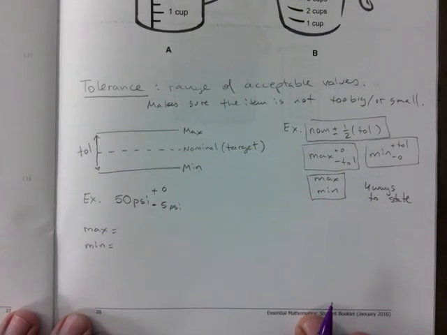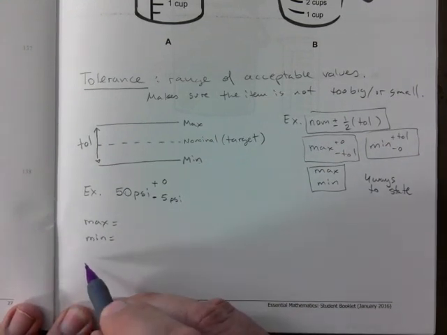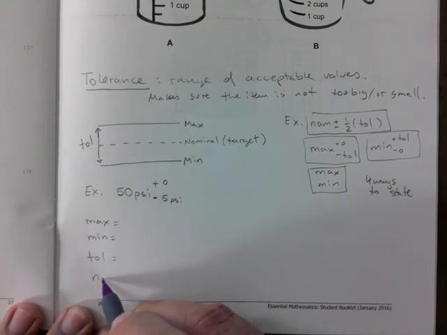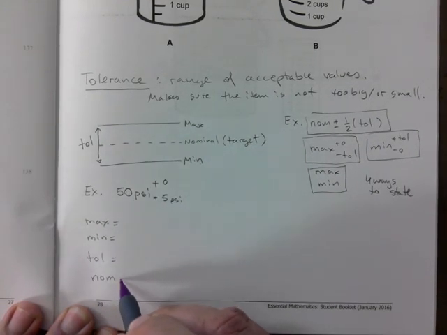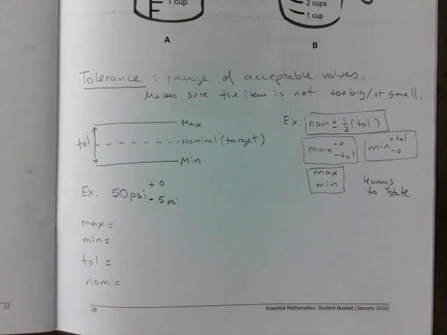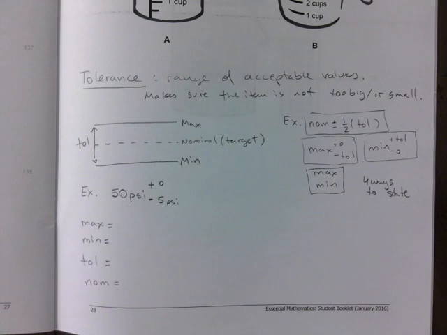Okay. And the other 2 pieces would be, what is the tolerance and what is our nominal? Okay. Write that down. What's the max? What's the min? What's the tolerance? What's the nominal? Can I ask you to fill that in real quick?